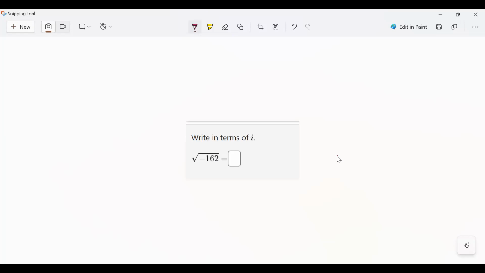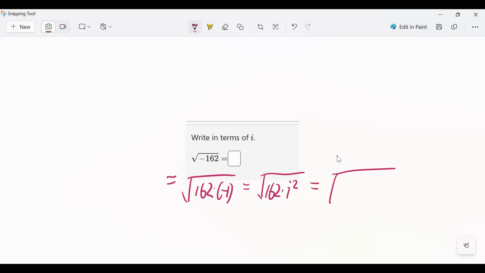All right, let's go over the solution. First of all, we're gonna turn this into 162, and that becomes 162 times i squared. Now break down 162, right? The maximum perfect number will be 81 times 2 i squared. Now rearrange it, put both perfect numbers 81 and i squared together with the 2 on the side.